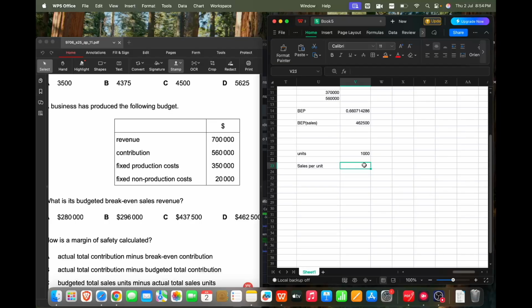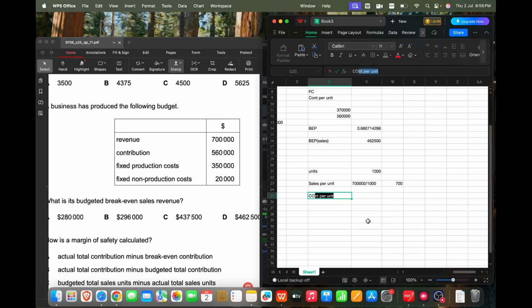So 700,000 divided by 1000 will give you sales per unit, that is 700. Now let's calculate contribution per unit. The total contribution is 560,000 divided by total units produced and sold, which is 1000. So contribution per unit is 560.